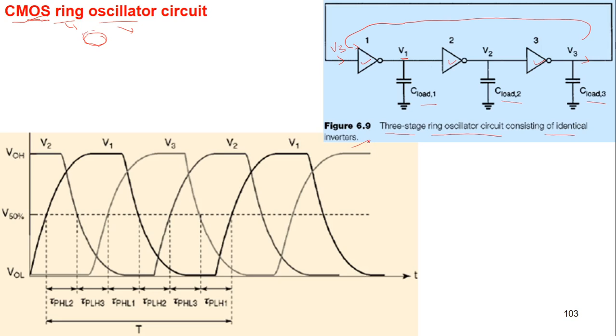Okay, and when you plot the waveform for this ring circuit, let us say this is the first inverter.